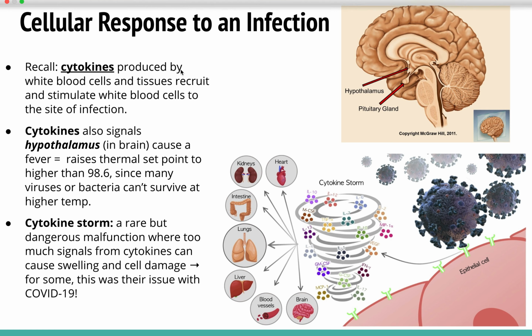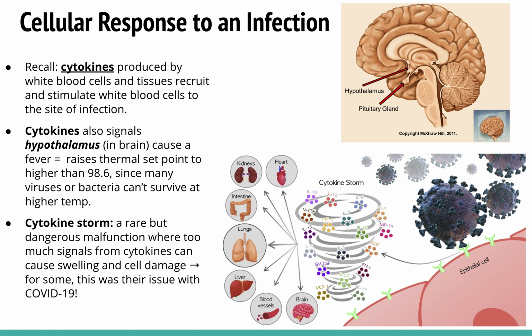So cytokines, if you forgot, are the signals sent out by your white blood cells and tissues to recruit and stimulate white blood cells to the site of infection. Cytokines actually also have a huge role in your fever regulation because they signal and interact with your hypothalamus to raise your body temperature, which actually interferes with the ability of bacteria and viruses to replicate.